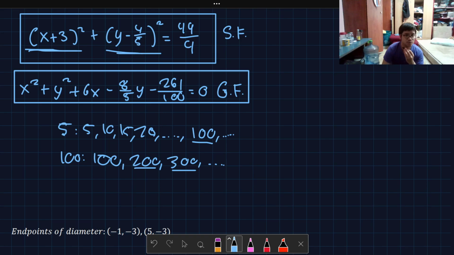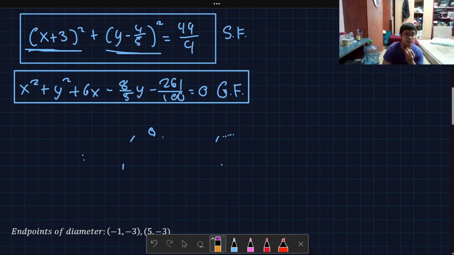But what we're going to do is get the least common multiple, the very least number they have in common, which is 100. Therefore, we're going to multiply both sides by 100.